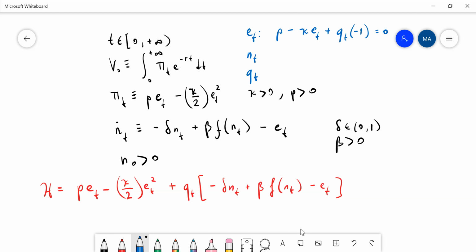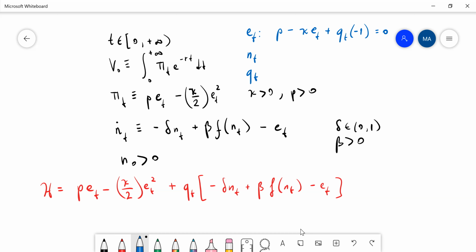So you have minus QT, now the derivative with respect to N. So you have minus delta plus beta F prime NT. Okay, so you have that. Then you have the transversality condition. Transversality condition is again limit QT e to the minus RT NT equals 0.